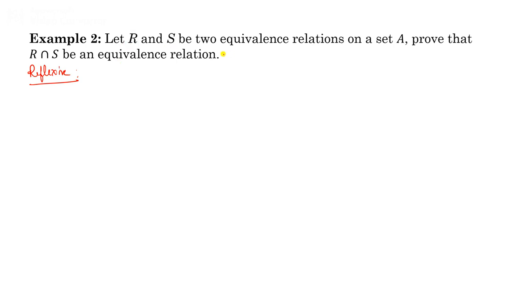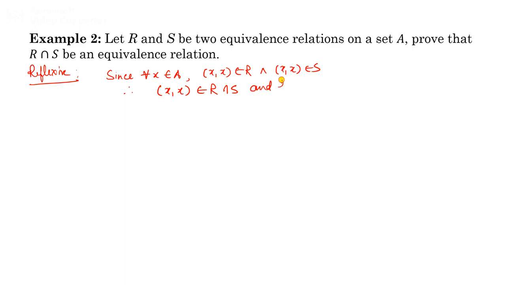You know, R and S are equivalence relations, so since for all x belonging to A, (x, x) belongs to R and (x, x) belongs to S. The pair belongs to R as well as S. So therefore (x, x) belongs to R intersection S, because this is included in R as well as S, and hence R intersection S is reflexive.